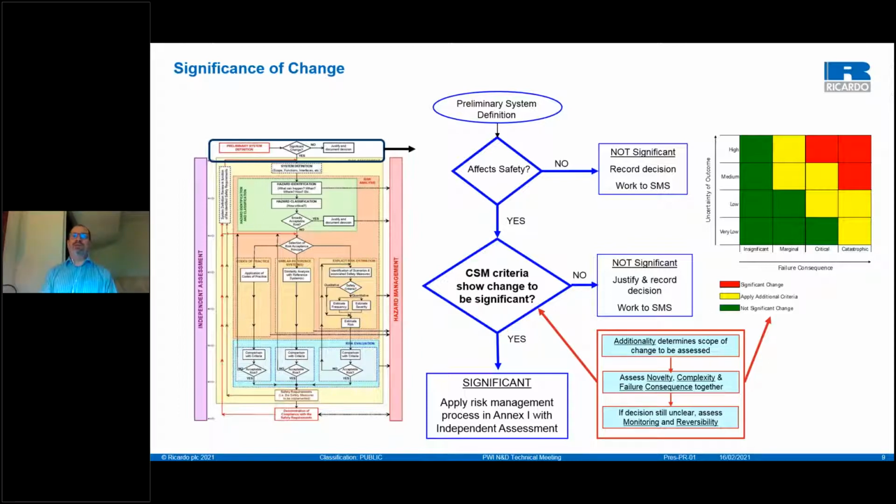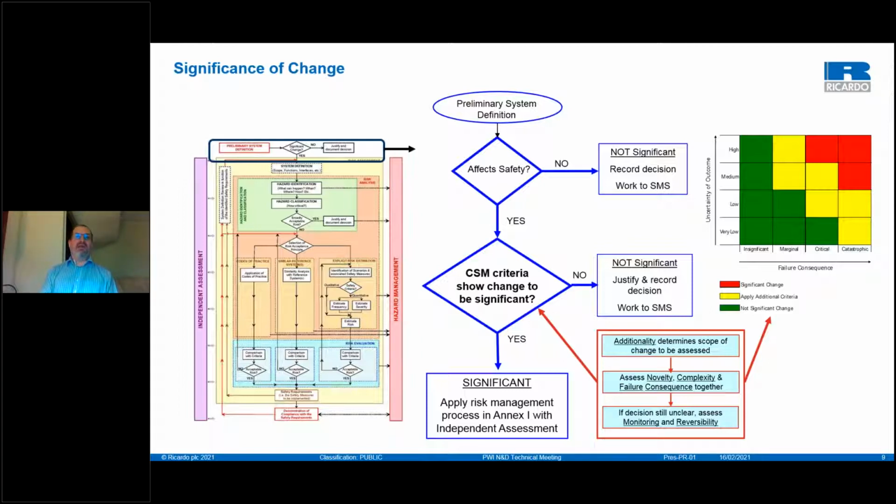Okay, so again, you do the assessment against the matrix and come out with an assessment of either significant or not significant. You may, in this example, decide that it's not significant, or significant, but you may need to apply additional criteria, such as additionality.